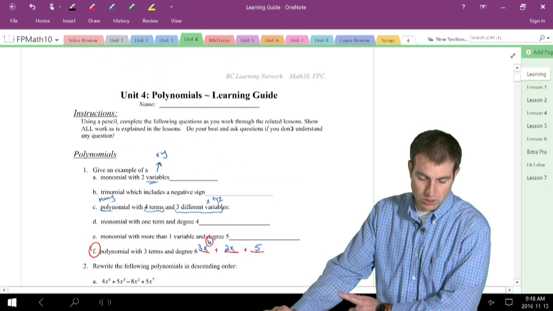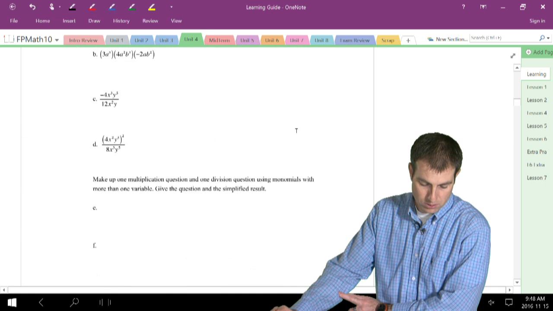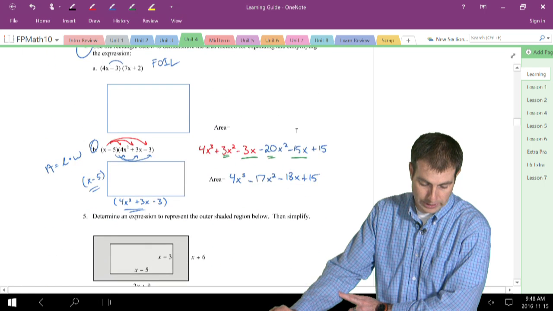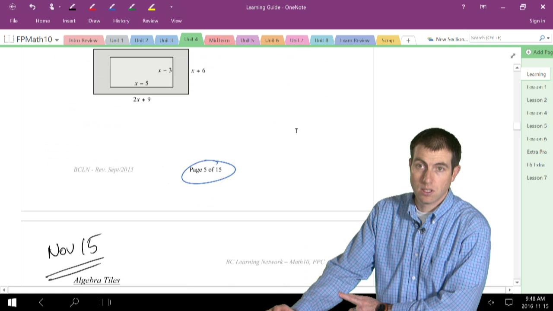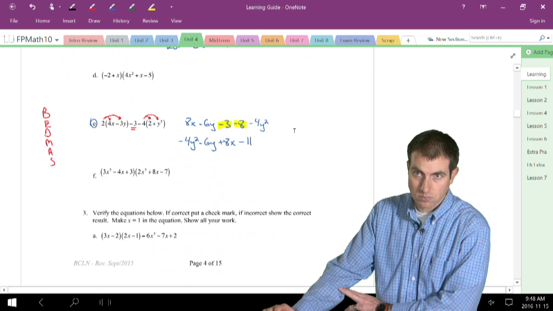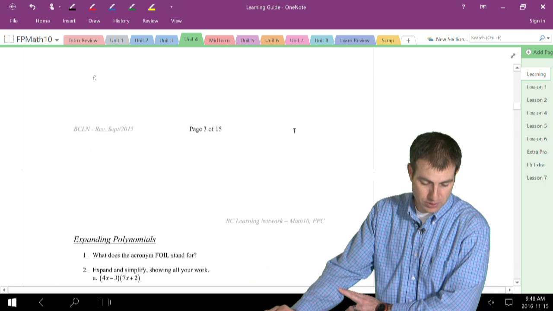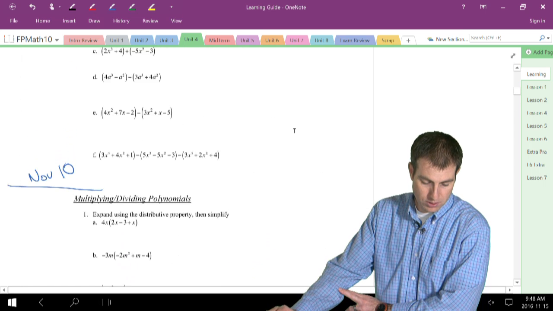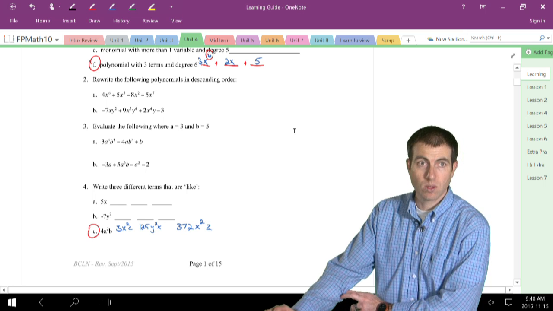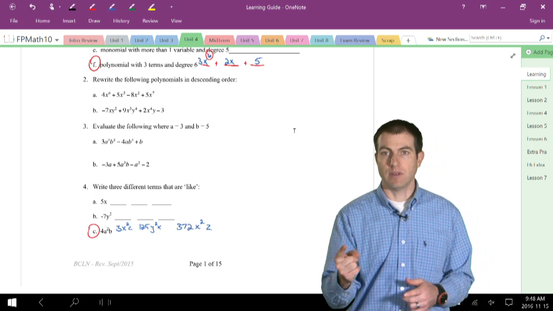This is the Unit 4 learning guide, Eric, but I have a number 4 on the first page. And I have a number 4 on page 5. So help me out. Page 1 or page 5, Eric? What is the question referring to? Is it referring to write 3 different terms that are like? Well, we can do it, man. We've got time. All right. I won't mind.